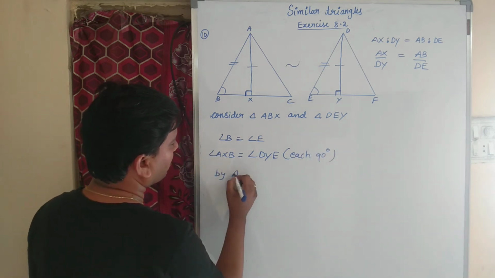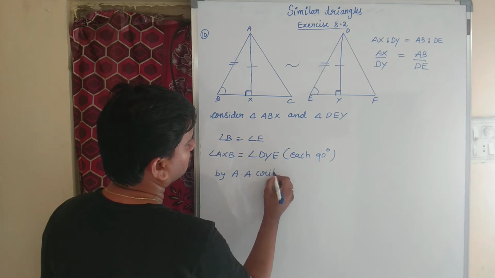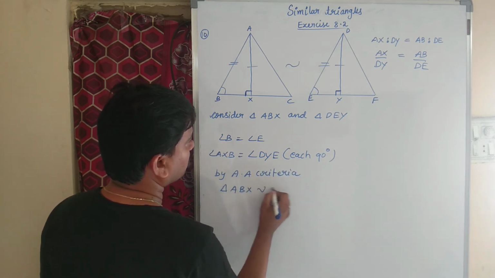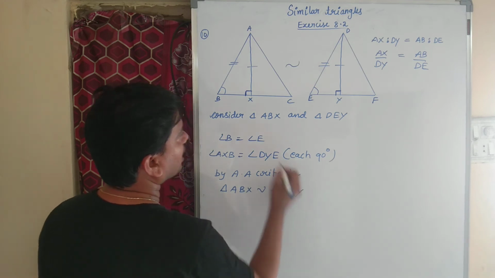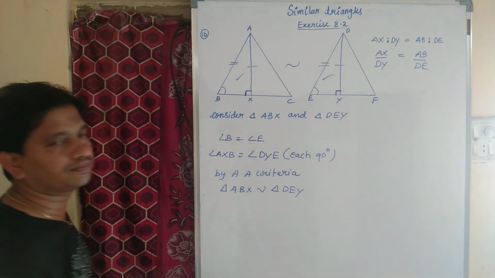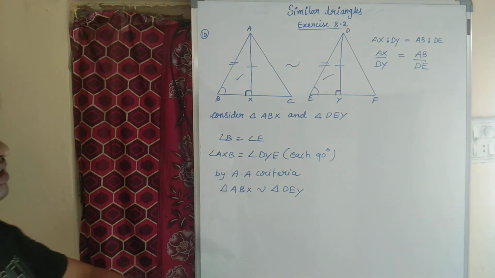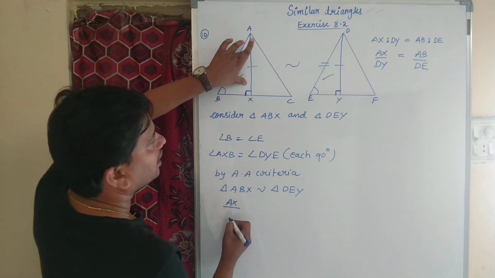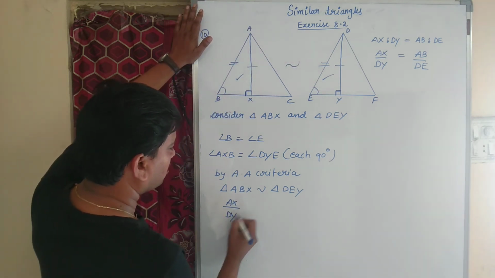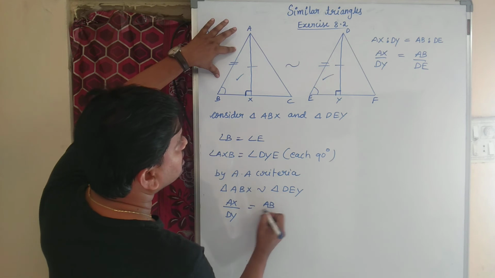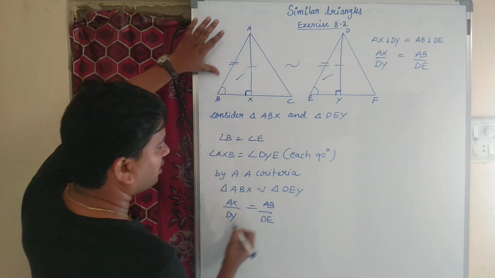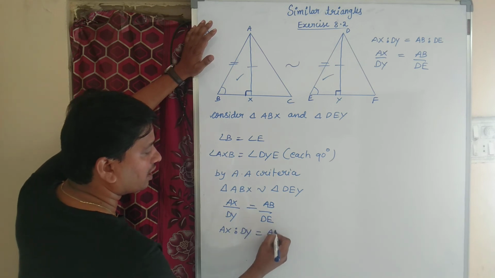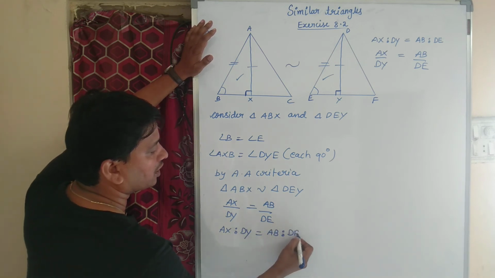So I can say that by AA criteria, triangle ABX is similar to triangle DEY. I proved. If they are similar, their corresponding sides are in the same proportion. So the corresponding side of AX is DY, and of AB is DE. AX by DY I can write as AX is to DY. AB by DE I can write as AB is to DE.